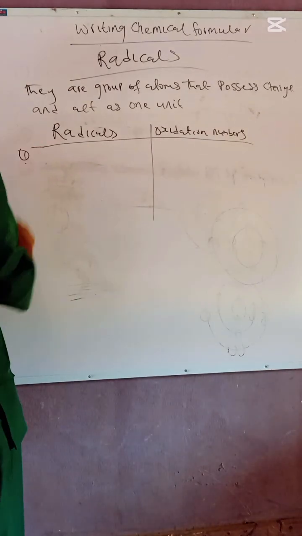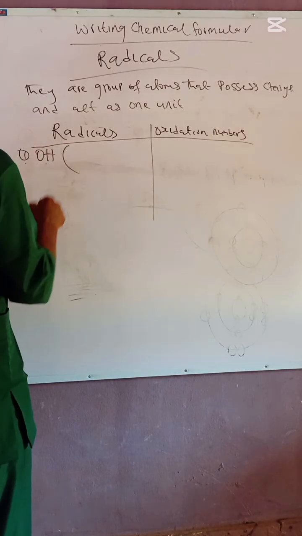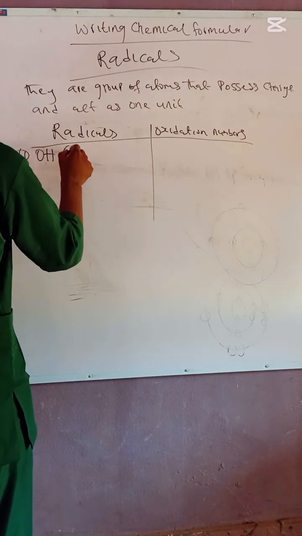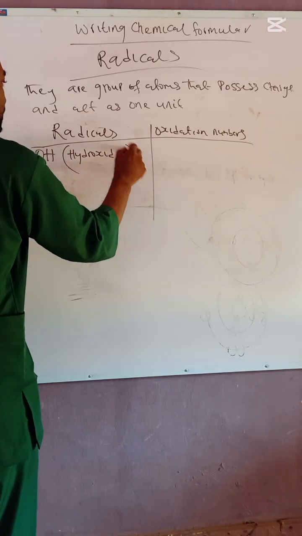You have one radical called OH. The name of this radical is hydroxide.